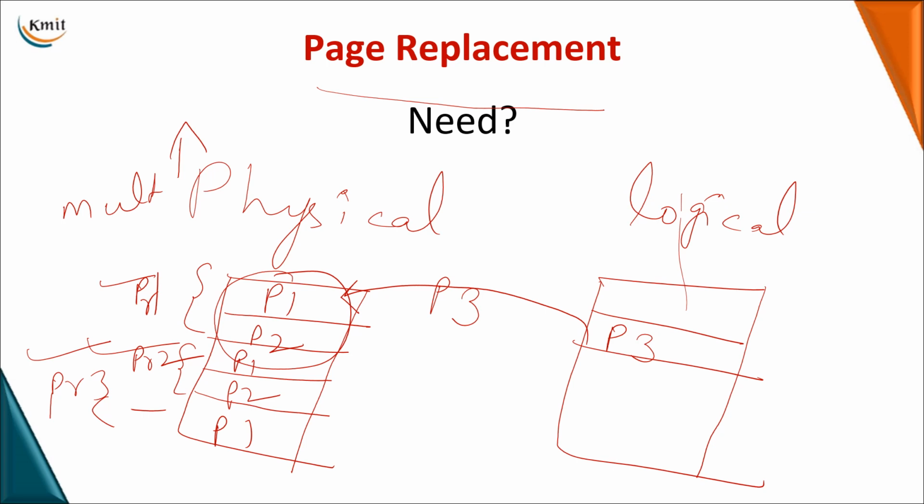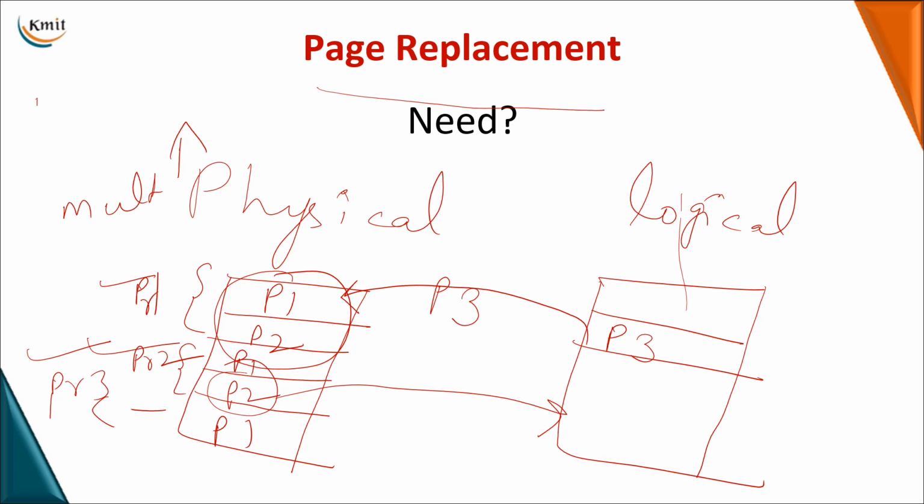So you need to select any one particular page, either related to the same process or any other process, move that page onto the secondary memory, and in that position move the page which is required. So as you see, the basic need for page replacement is that you want a particular page to be brought from secondary memory to physical memory.